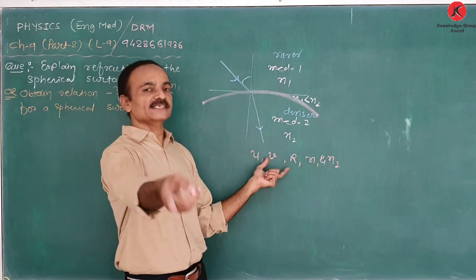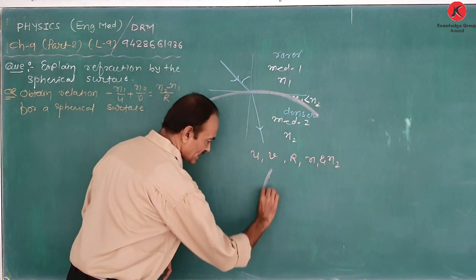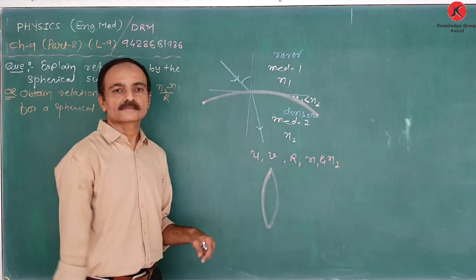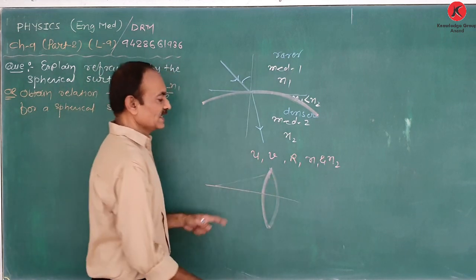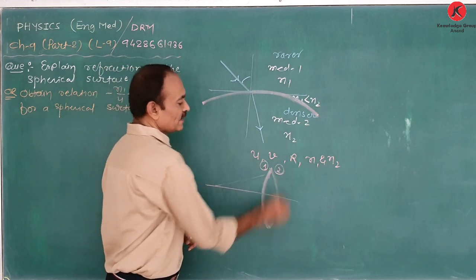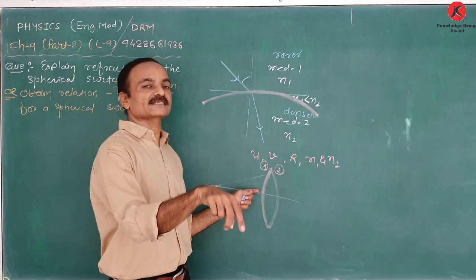Actually, there is the concept of a lens. A lens has two spherical curved surfaces. Here we consider the convex lens. When the ray of light passes through the lens, it is refracted twice, once from this surface and second from the other surface. So we are going to start our discussion about the lens.